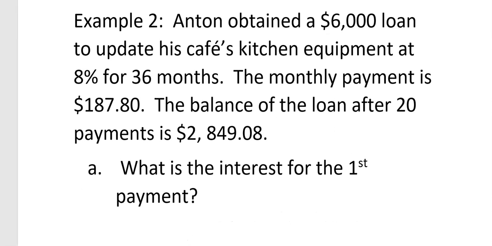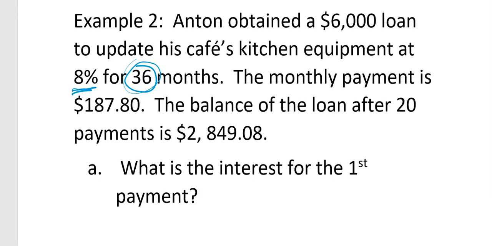Here's example 2, and this is the one that wasn't in the previous video. I'm going to put it in this time. Anton got a $6,000 loan for kitchen equipment, 8%, 36 months. Does it matter to us that it was 36? We didn't use the 36 payments anywhere. Don't let your brain think that you need to use every number. We're going to do one payment at a time.